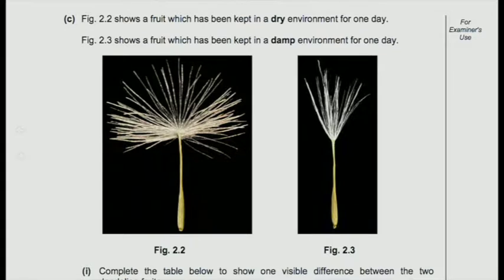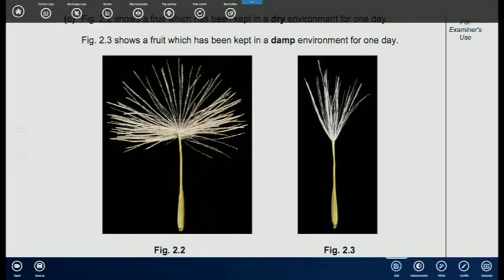Figure 2.3 shows a fruit which has been kept in a damp environment for 1 day. So here we are looking at two different environments. One is a damp environment, the other is a dry environment. And then we are comparing these two fruits with regards to a number of attributes. So here are the fruits we're talking about.